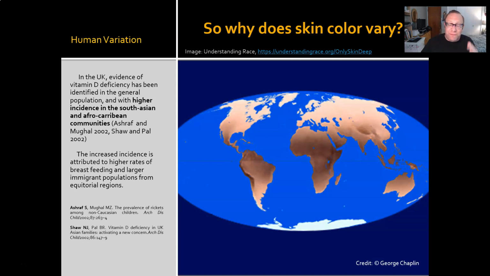That said, the first Europeans were sort of medium skin tone, probably like the first African bipeds, first members of genus Homo, and so forth.